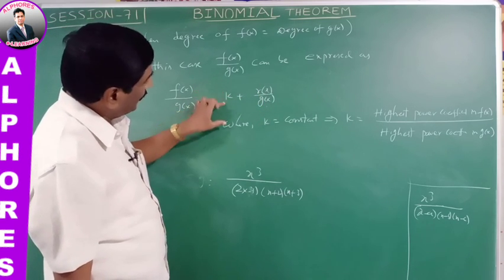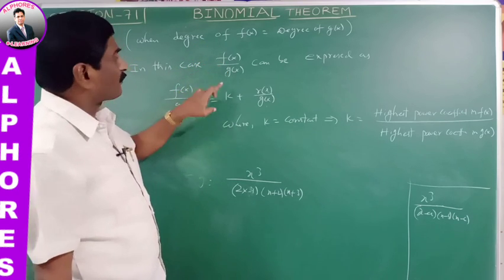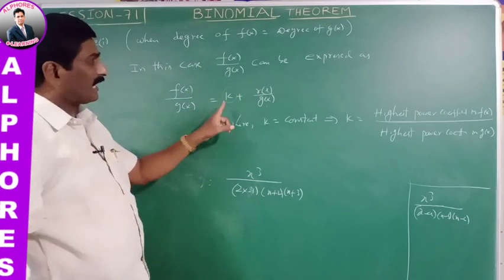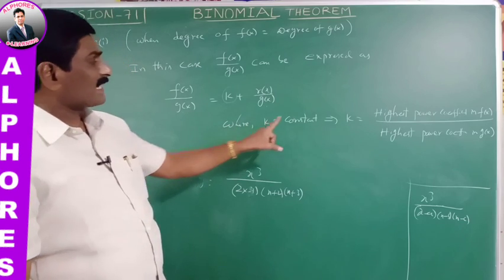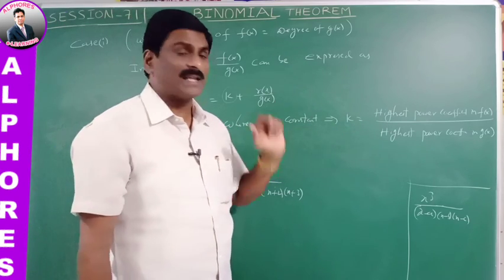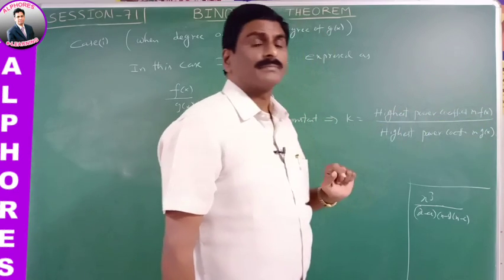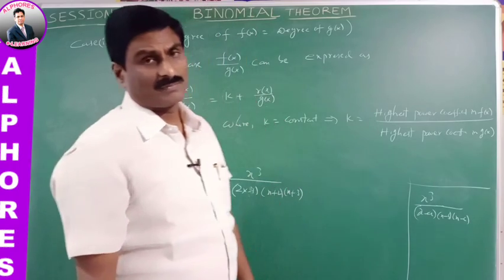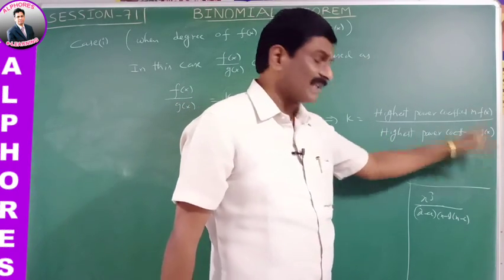Why does it appear constant? The degree of f of x is equal to the degree of g of x. That means the degree of the quotient is equal to 0. That means a constant term. Say this value is k. Okay, k plus r of x by g of x, where k is a constant, that implies k is equal to the highest power coefficient in f of x by the highest power coefficient in g of x.